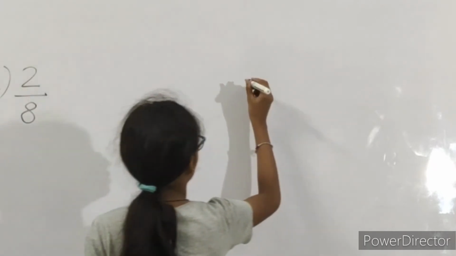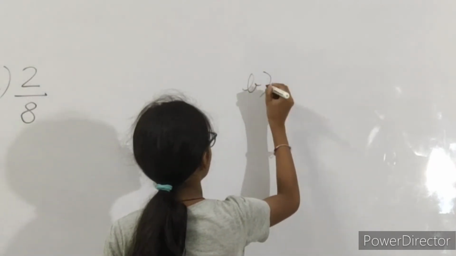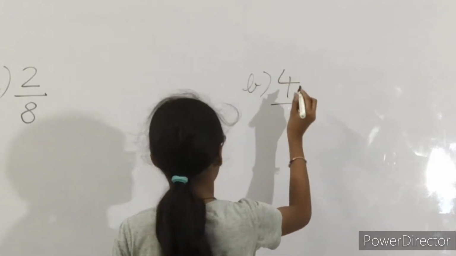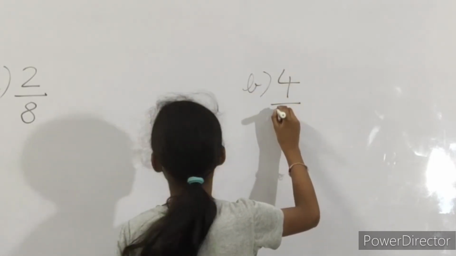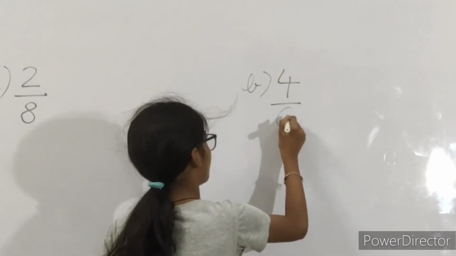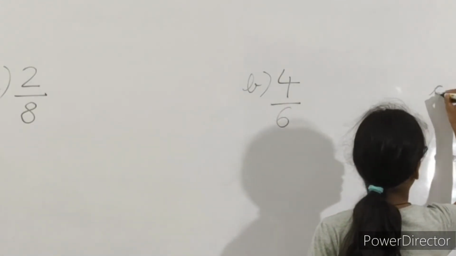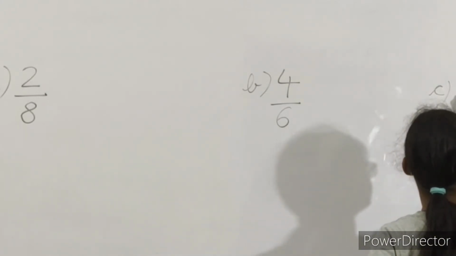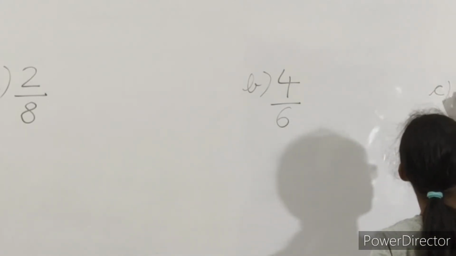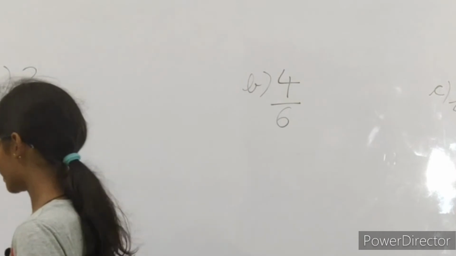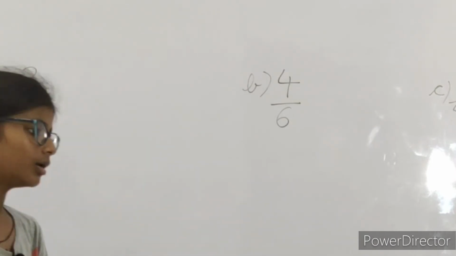Okay, then B1 is 4 upon not 7, I'll do it 6, 4/6, and then this one C1 is 1/4. Okay, this much you do, I'll give you a little bit time, then you can do.